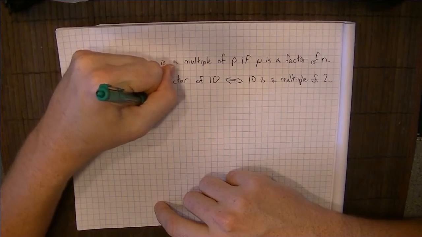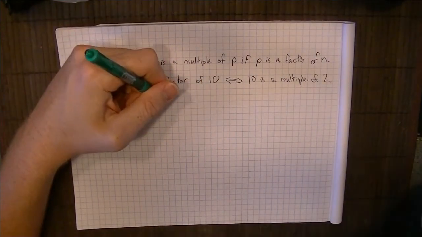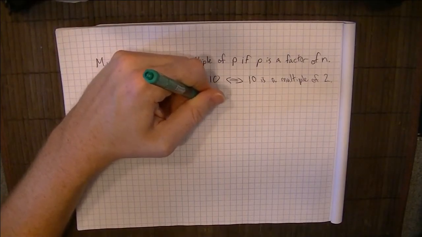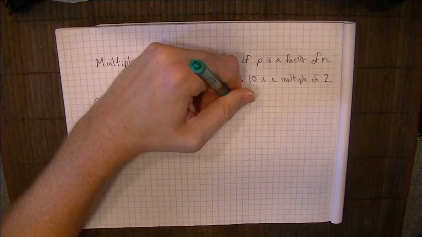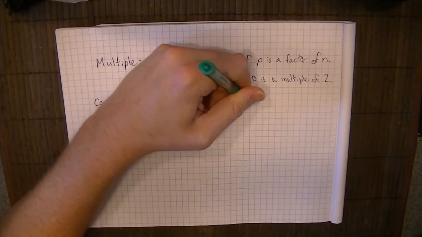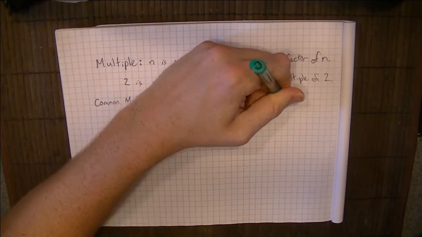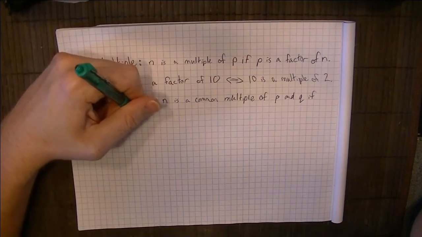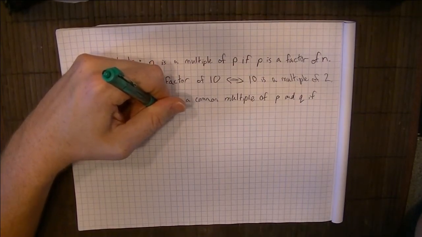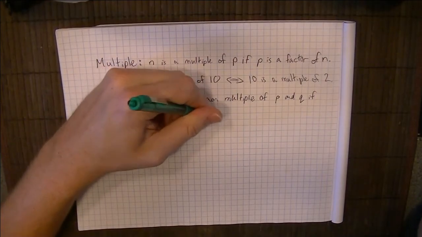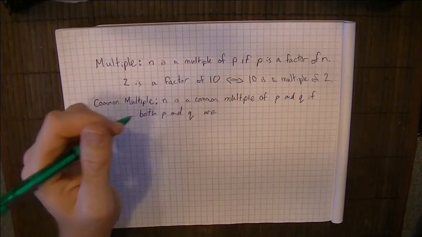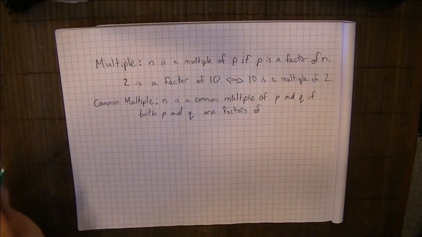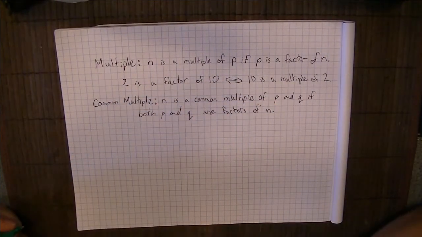So a common multiple: n is a common multiple of, let's say, P and Q if both P and Q are factors of n.